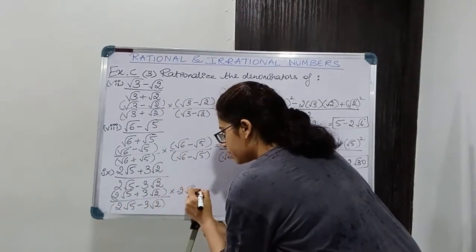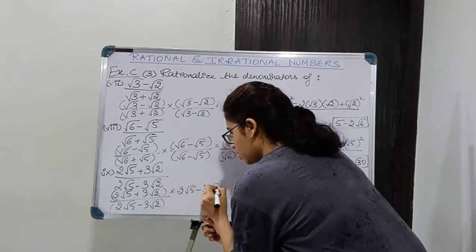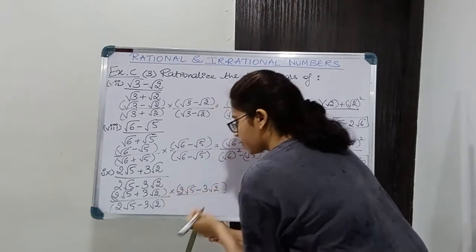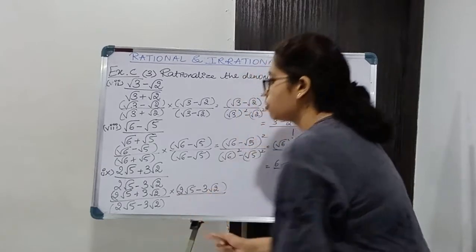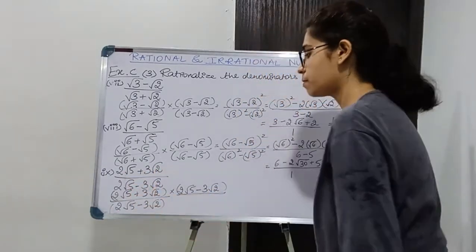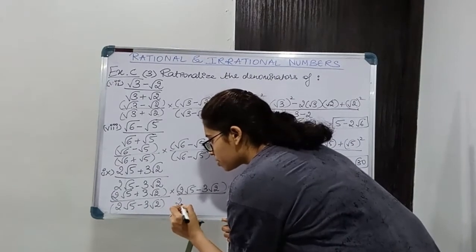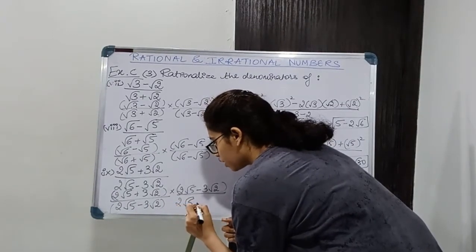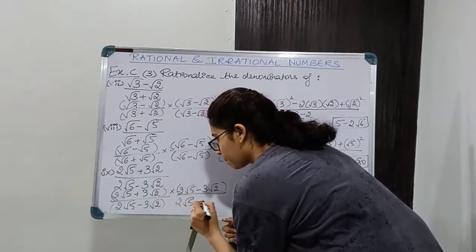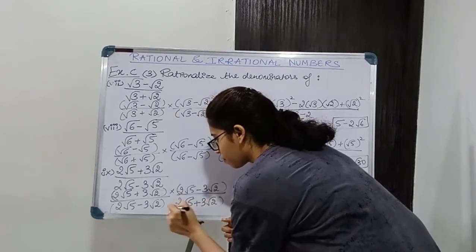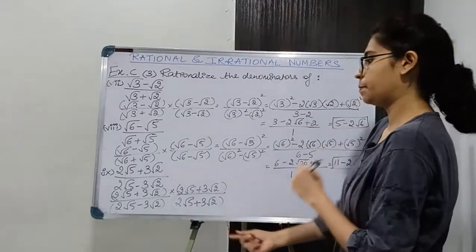Please put brackets in such sums जहाँ पे you have more than 2 numbers. Okay, compound surds है यहाँ पे. So compound surds के केस में please put brackets. Sorry, this is going to be plus.